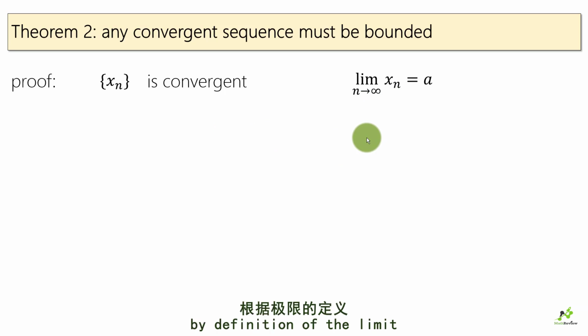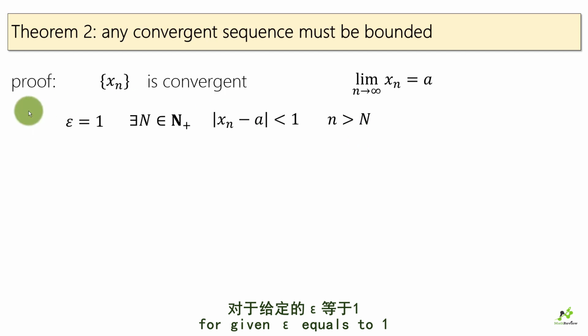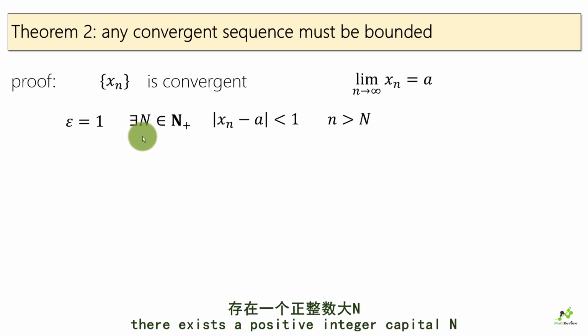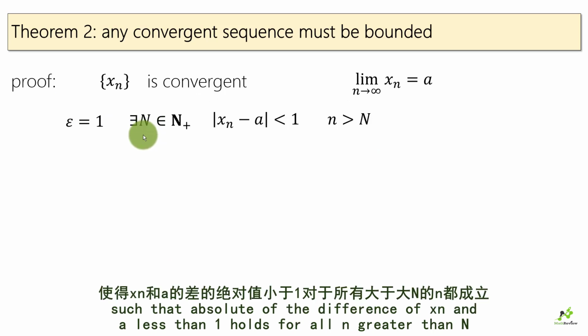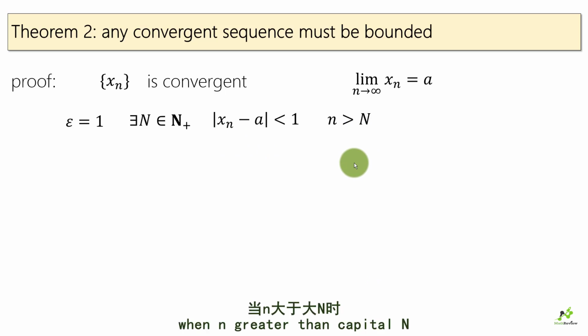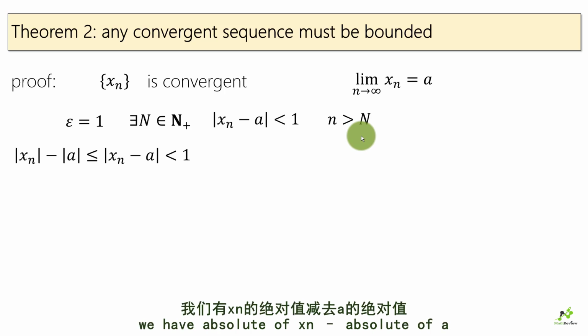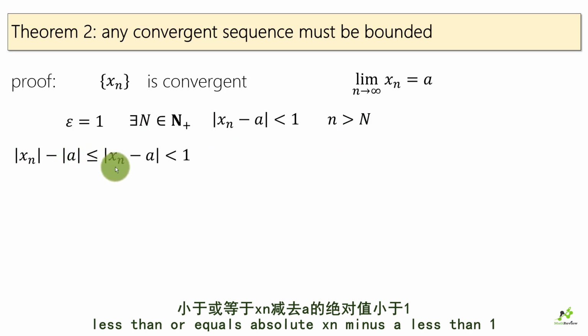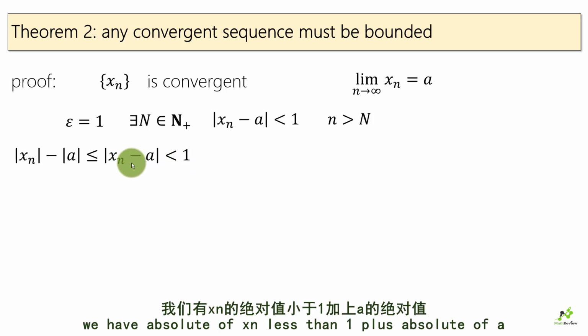By definition of the limit, for a given epsilon equals 1, there exists a positive integer N such that the absolute value of the difference of xn and a is less than 1 for all n greater than N. Thus, when n is greater than N, we have absolute of xn minus absolute of a less than or equal to absolute of xn minus a, less than 1. We have absolute of xn less than 1 plus absolute of a.